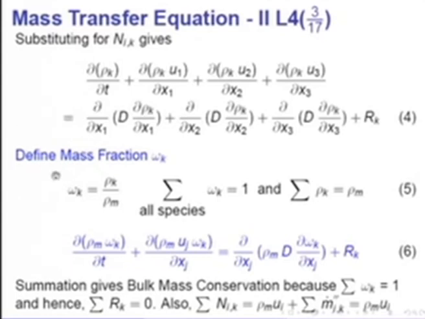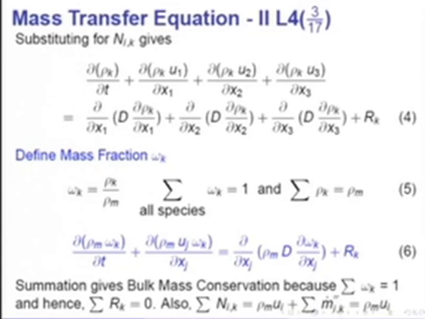It is customary to define mass fraction omega K as the specie density divided by the mixture density, and therefore, sum of omega K equals 1 by Dalton's law. Another way of saying this is that the sum of densities is equal to the mixture density.